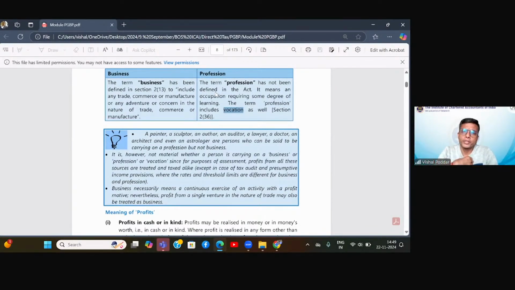But we as professionals are also doing profession, but our work is not called vocation because my personal life, my personal habits may be different. There is no linkage between them. A CA does not have to live or dress in a particular manner. There is no such thing. That is why CA is a profession, but people doing puja, yajna, all types of these religious activities, are said to be in vocation.